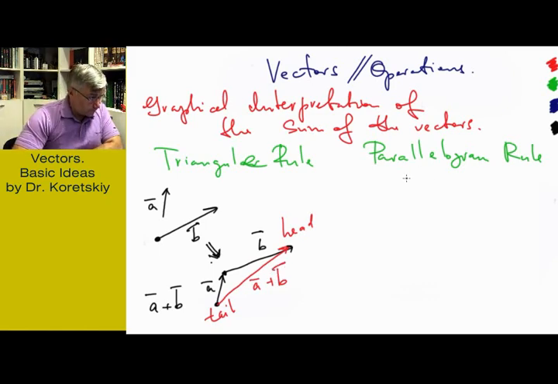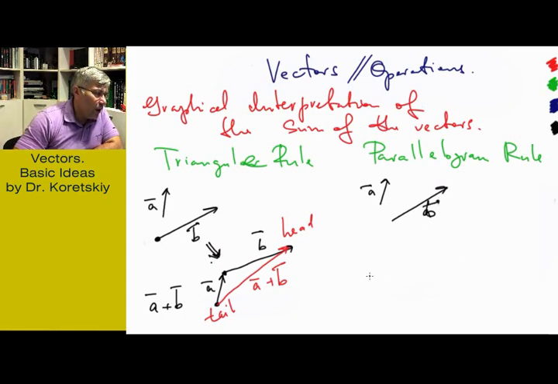Okay, and parallelogram rule. You have the same vectors a and b. I try to make the same vectors. Vector a and vector b. If you want to define the sum of the vectors, you have to align the tail points of the vectors a and b.